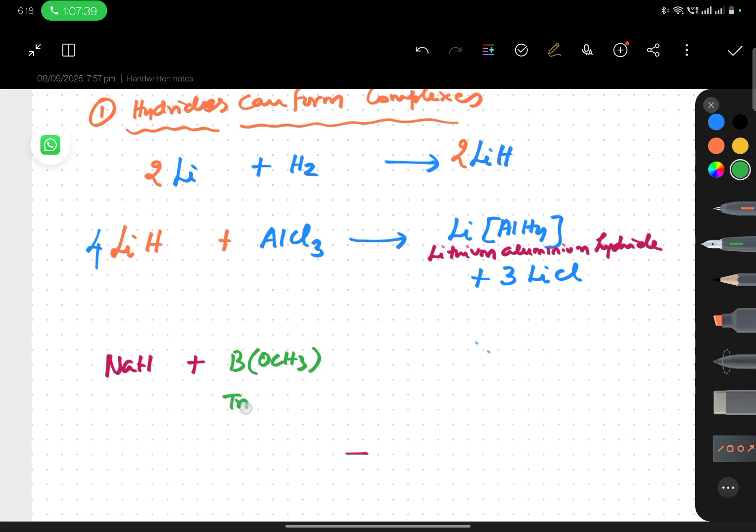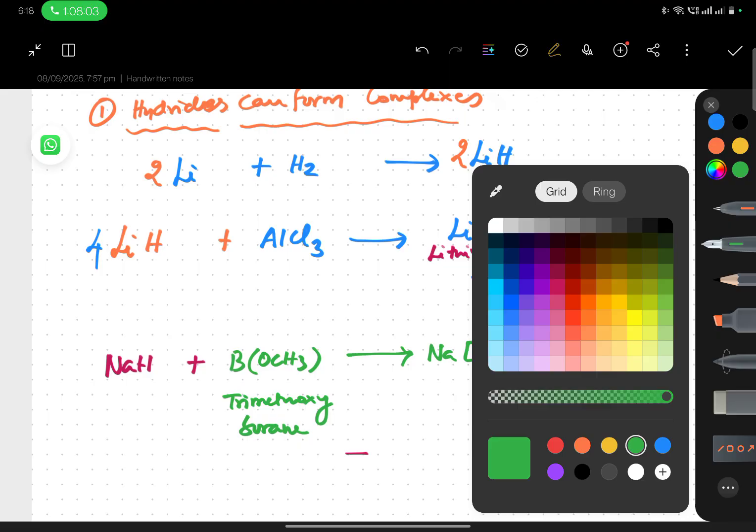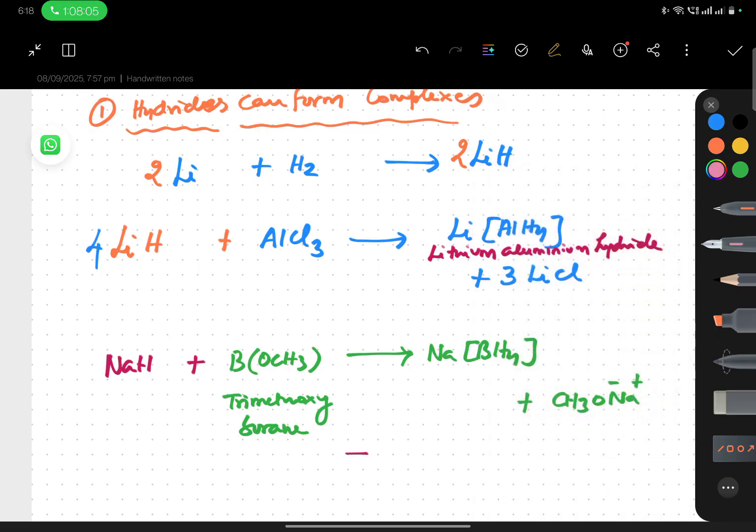What is the name of this molecule? Trimethoxyborane. So what will you get? You will get sodium borohydride plus sodium methoxide. Balance the equation, ma.